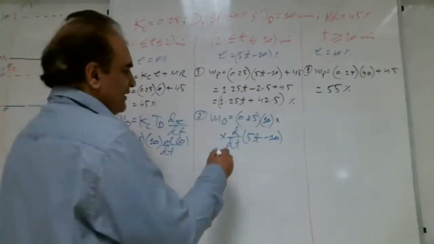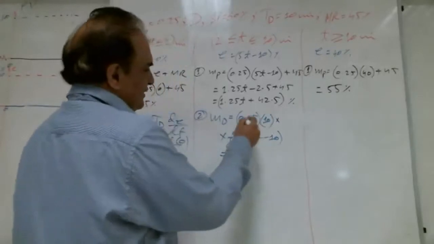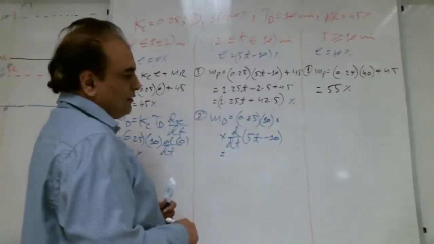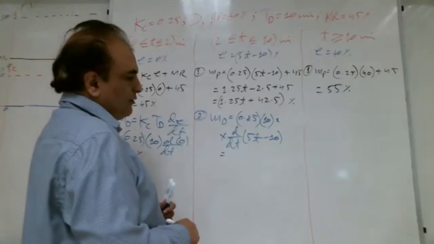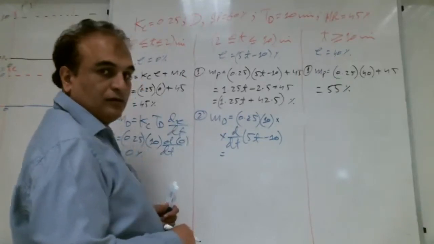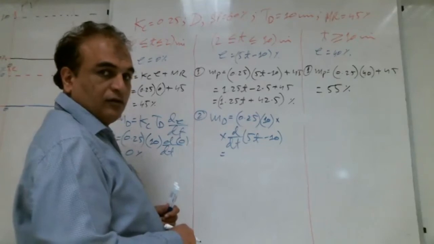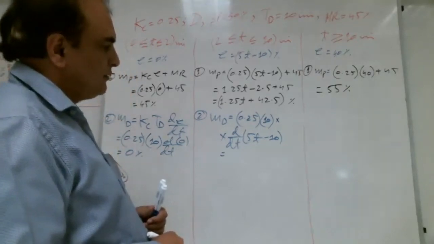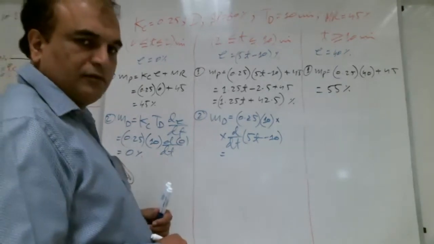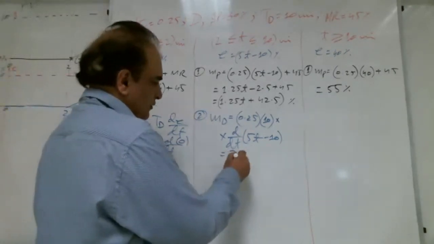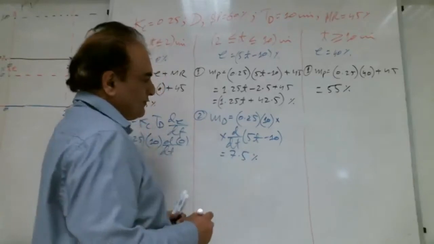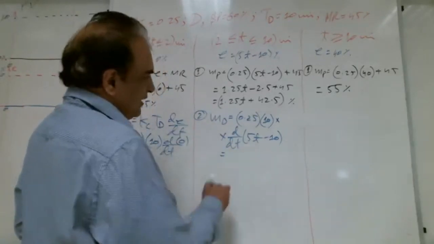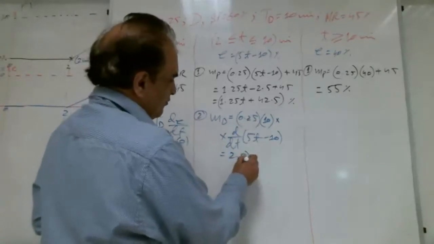A lot of brothers are writing. So how much is it? 0.25 times 5: 12.5t? 0.25 multiplied by 5.